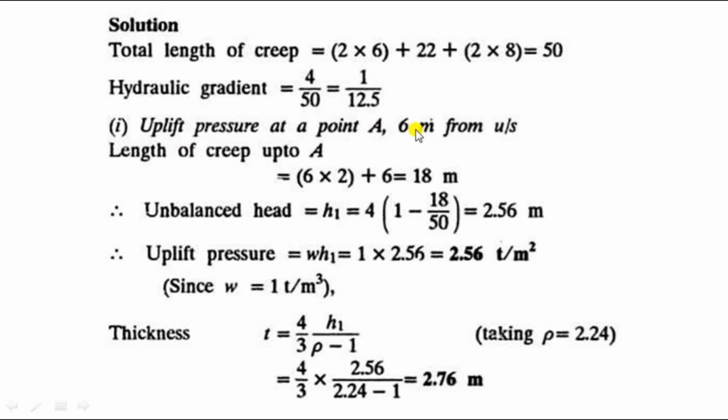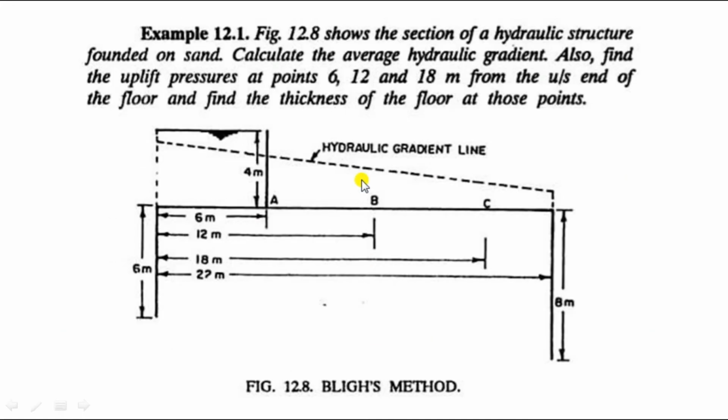Uplift pressure at point A, 6 meter from the upstream side, the creep length up to A. So we have to choose that point: 6 into 2, that is the upstream side sheet pile. We have to find the uplift pressure at 6 meter. So we multiply our hydraulic gradient with the total creep length up to that point, which is 6 into 2.